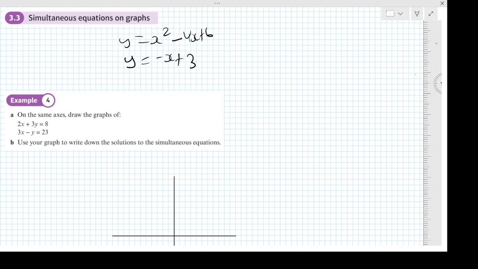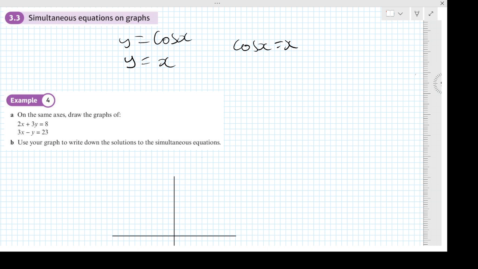Which means if we had more complicated simultaneous equations that we couldn't quite solve, say y equals cos x and y equals x, solving cos x equals x can't be done precisely. You have to look at numerical methods, meaning you get an approximate solution.